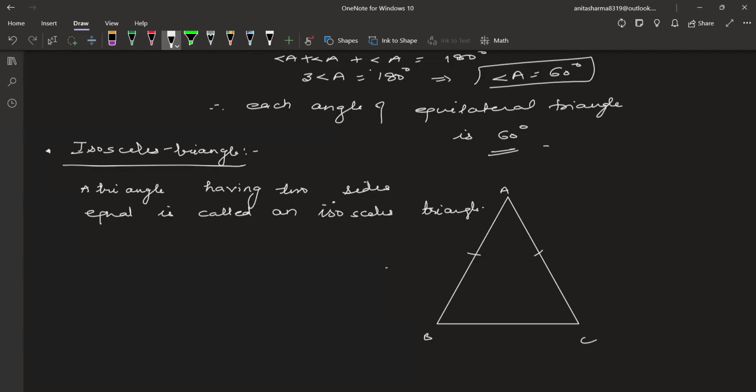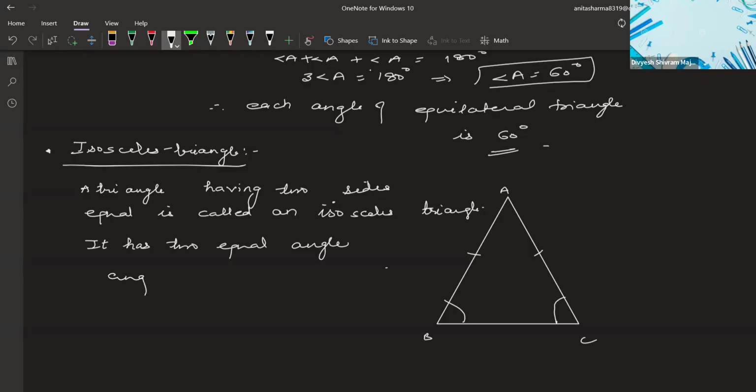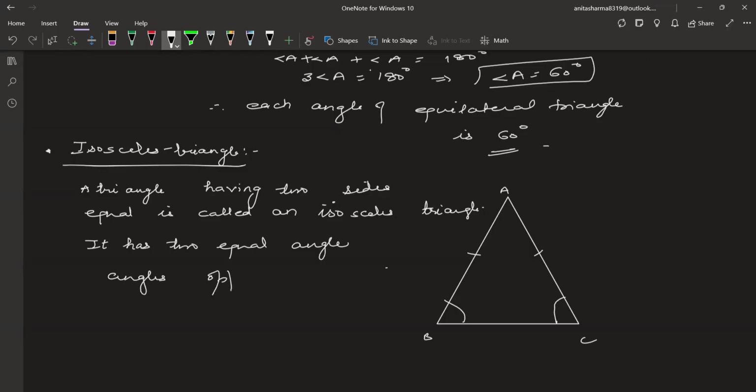See, the angle opposite to an equal side. The opposite angle of AB will be C, right, beta? And the opposite angle of AC will be B, right? So it has two equal angles, beta. Angles opposite to equal sides are equal.